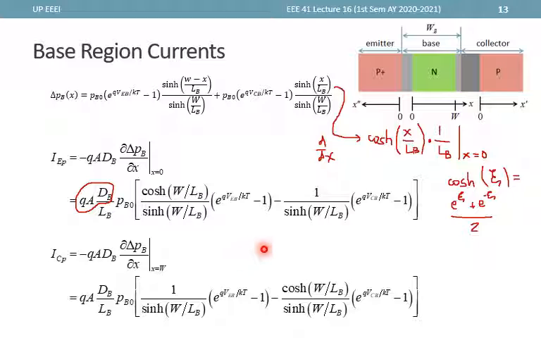However, when we evaluate this derivative at W, then we get hyperbolic cosine of W over LB instead.